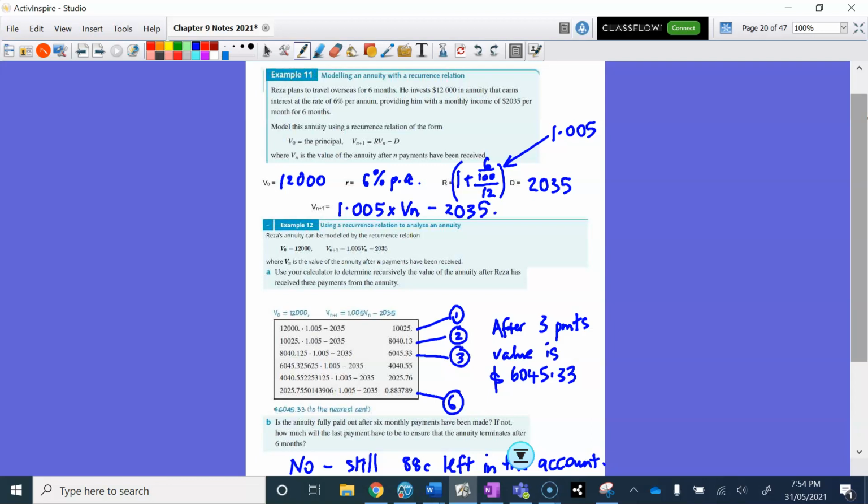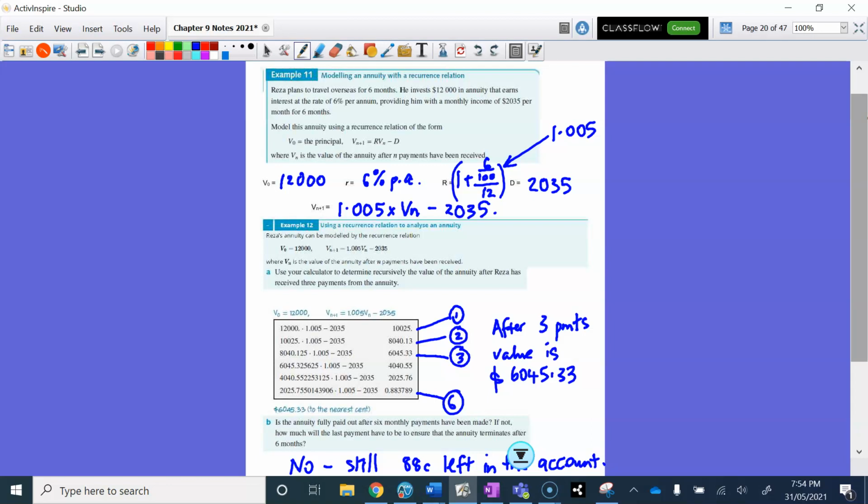But we are seeing in that story that he's taking a monthly income, so we need to calculate a monthly interest rate accordingly. So the big R value is going to be 1 plus 6% divided by 12, and that gives us a decimal R value of 1.005. The D value, or the payment value, is $2,035.